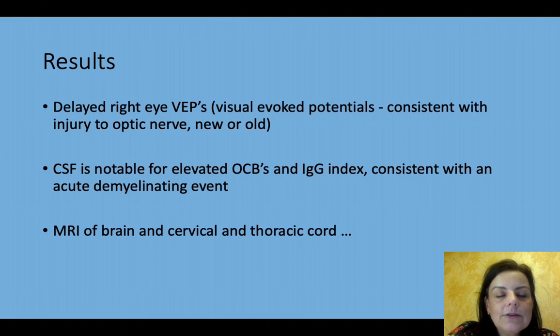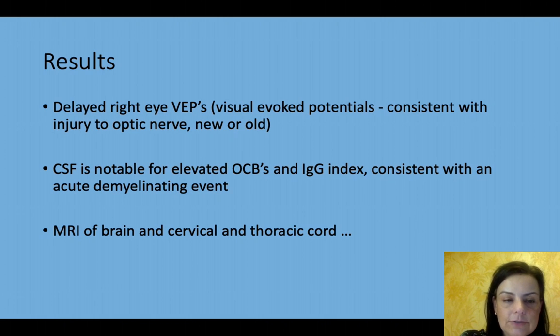So what we find in her workup is that she's got delayed right eye visual evoked potentials, kind of just the exact opposite of what we saw in this case just a moment ago. And that just confirms what we suspect, that she had an old injury to her optic nerve. She gets a lumbar puncture, and the CSF does indeed show elevated oligoclonal bands and an IgG index, so that fits with acute demyelination.